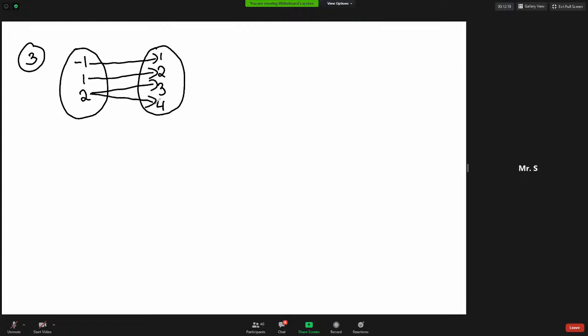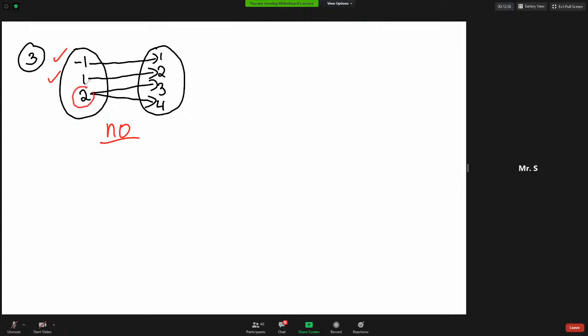Would this be a function? No. This one is not a function. Again, you would check your domain elements. This guy is okay, goes to one element. This guy is okay, goes to one element.